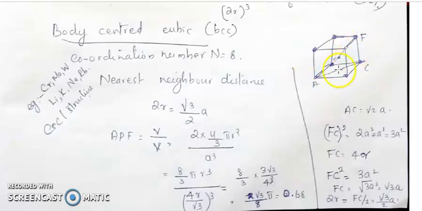Not FC, that is one mistake there. You have to rearrange that. It is not FC, it is FA. FA square is equal to 2A square plus A square, that is equal to 3A square, and FC is equal to 4R. So you can equate FC square is equal to 3A square. So FC is equal to root 3A.